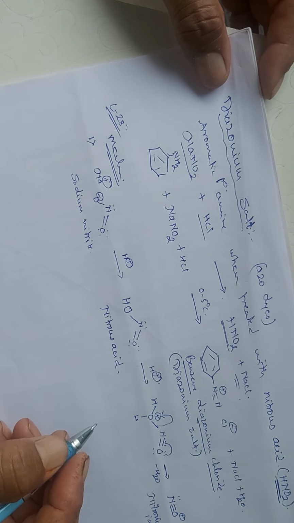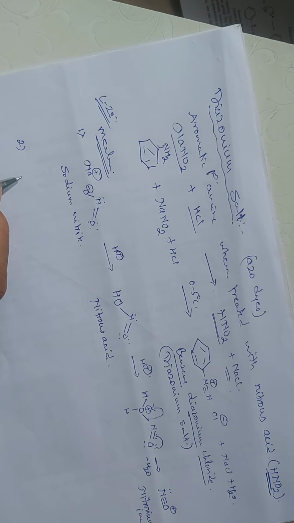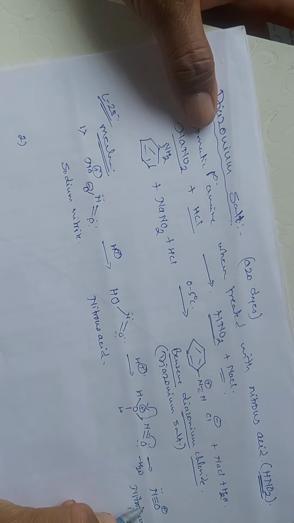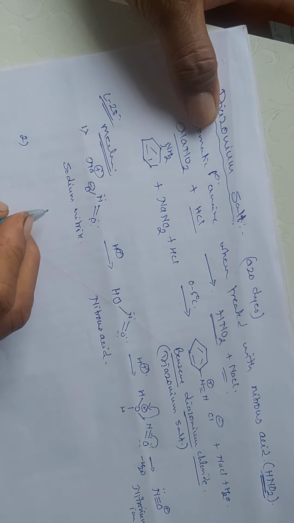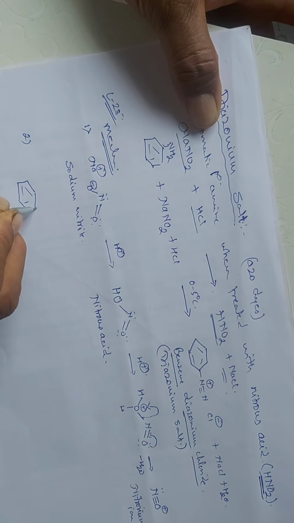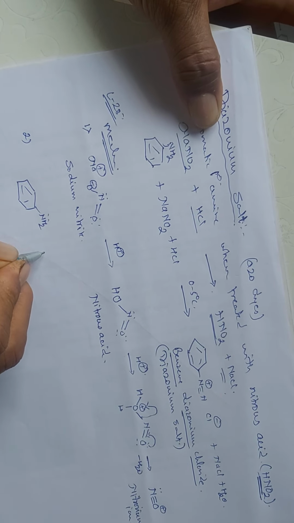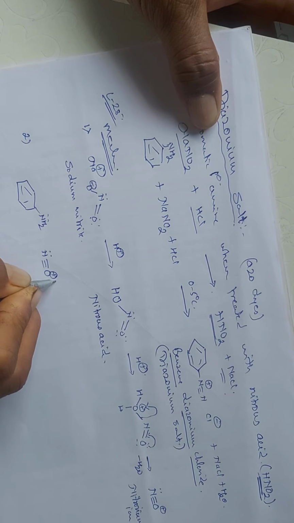This nitrosonium ion further reacts in the second step with the aniline, NH2, and here N triple bond O plus.